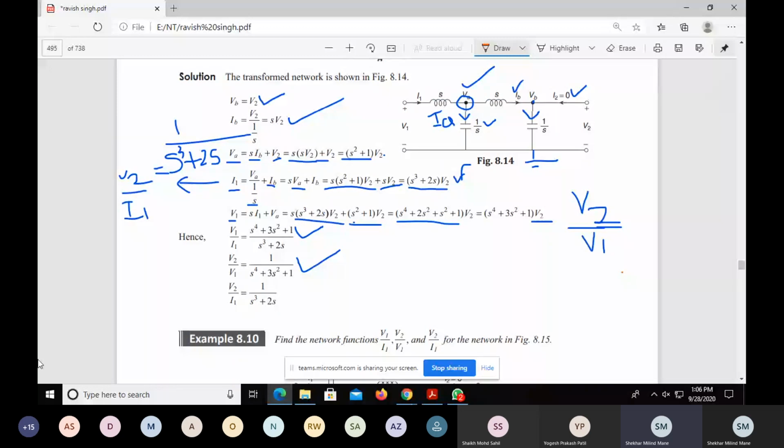So here we have V2 upon V1, and here we have V2 upon I1. From these two, we can easily find V1 upon I1.